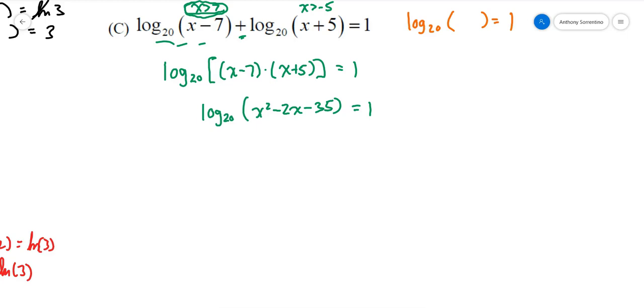I could have done this in the previous step, or combined steps, but now I can rewrite this as an exponential: 20 to the first power equals x squared minus 2x minus 35. I can subtract 20 from both sides, and I like having my stuff on the left, so I'm going to have x squared minus 2x minus 55 equaling 0.